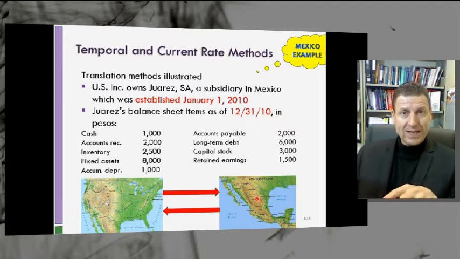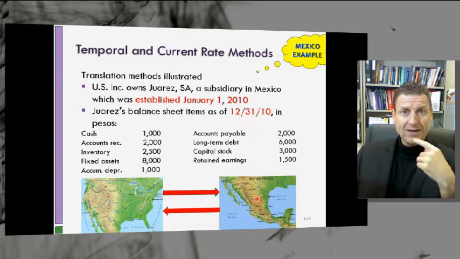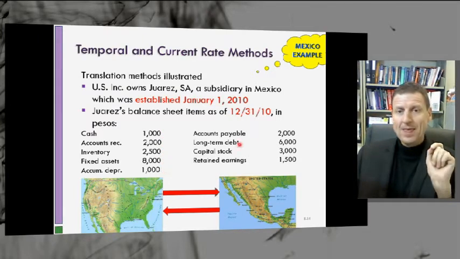Their subsidiaries in Mexico. Now let's first make some more details available. We have the balance sheet of the Mexico subsidiary that's in pesos: cash, accounts receivable, inventory, fixed assets, and depreciation. Got that? We have accounts payable, long-term debt, capital stock, and retained earnings. Great, so we've got enough for the balance sheet here.